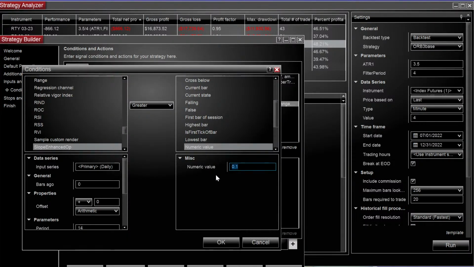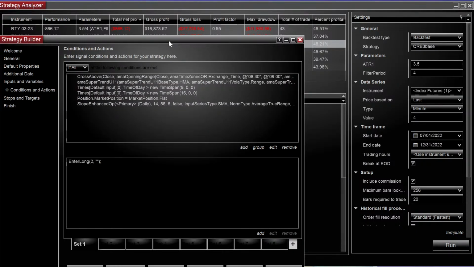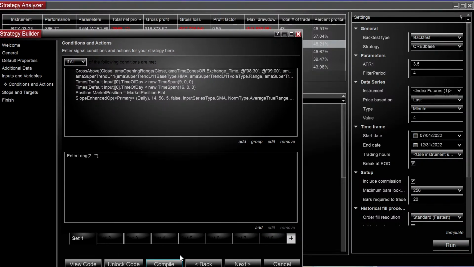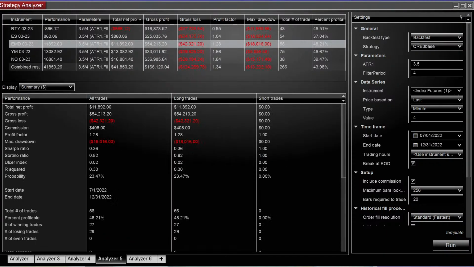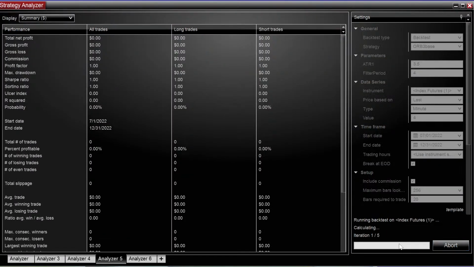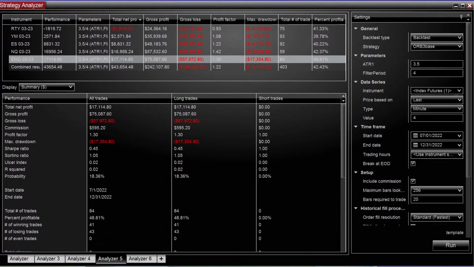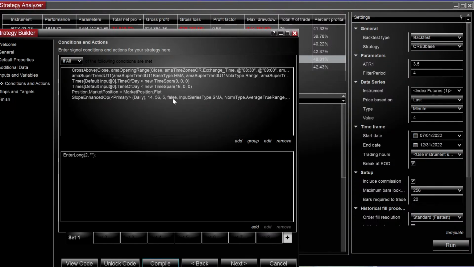And we'll just say greater than 0. So we're just going up in any way at all, just the slope is up. Just go ahead and run it. Still no good.